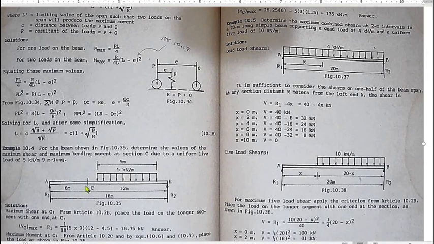So, ang letter C mo magkakaroon ng several values. One at 2 meters, 4, 6, 8, and then we have 10. Yan ang values. So, you have several solutions. Okay? So, ito ang kanyang dead load shear applied over the entire span. Then, we have the live load shears, which is 10 kilonewton per meter.